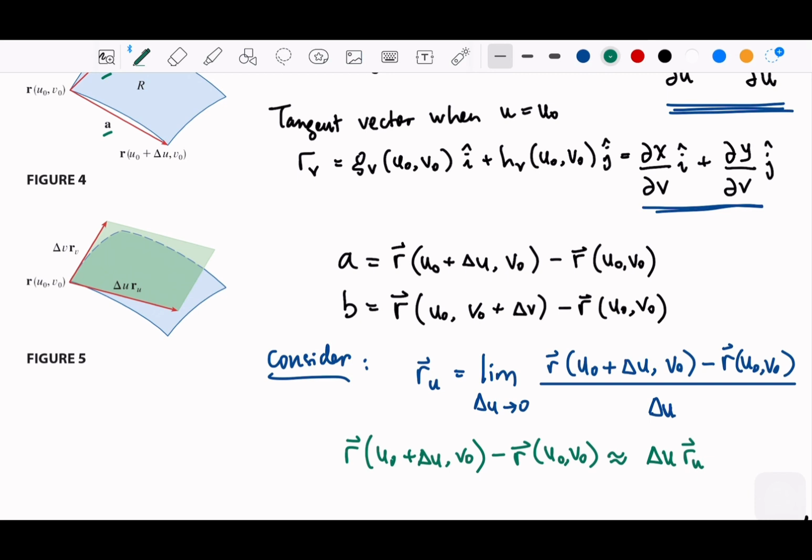This is the limit definition of the partial derivative.